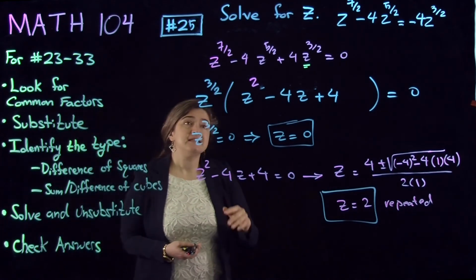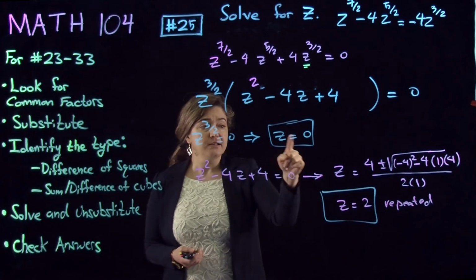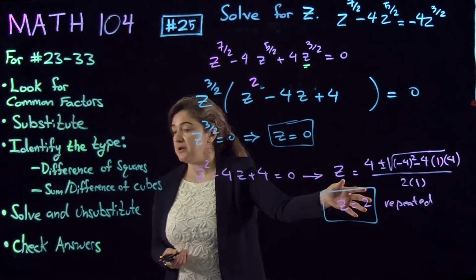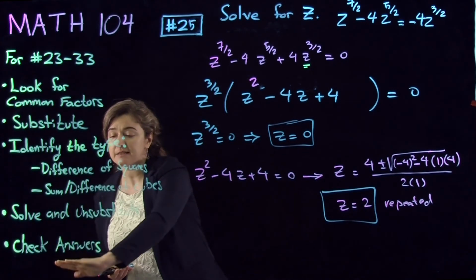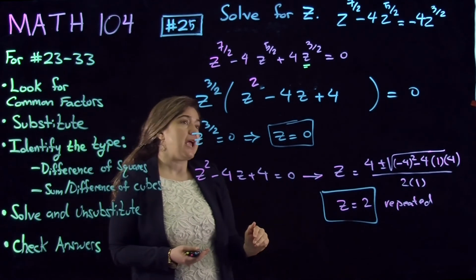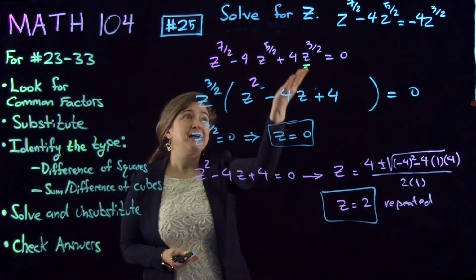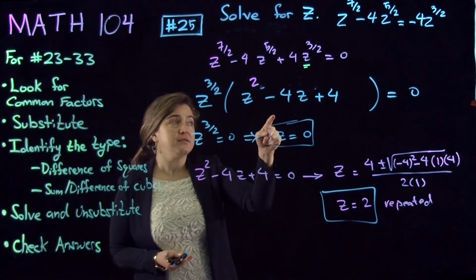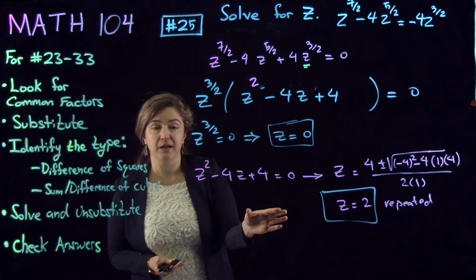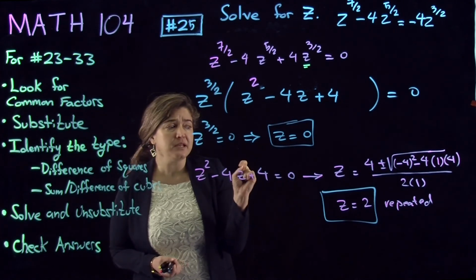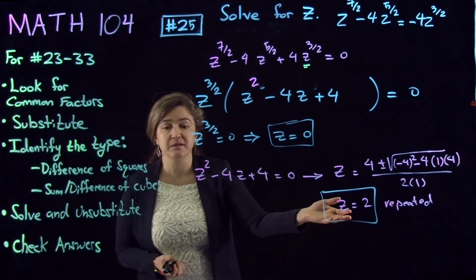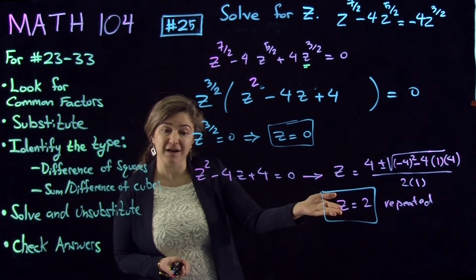Looking back, I see that I got all the solutions that I could find. And looking at this list, I see that I need to check answers. Looking back at my work, I see that the only process that I used here is factoring. And so there is no erroneous solution produced in the process.